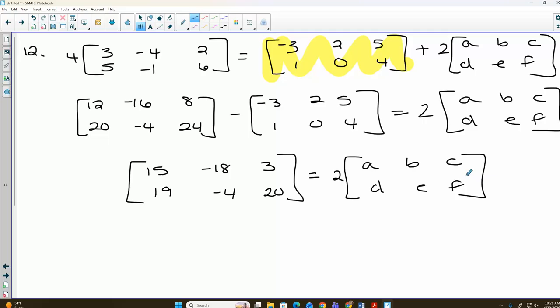Have I lost anybody there? Okay, sorry. So we multiply the 4 through, and we subtracted that matrix.